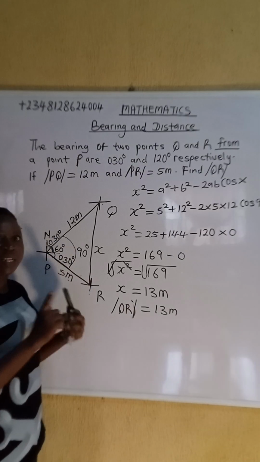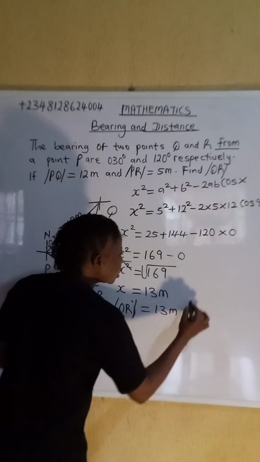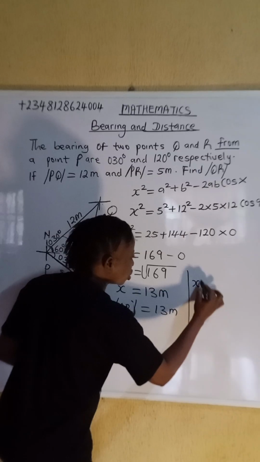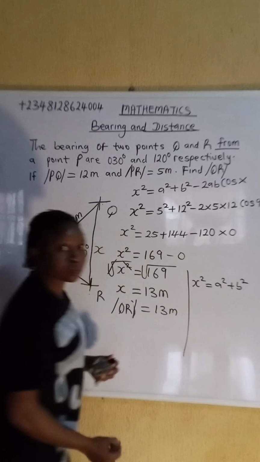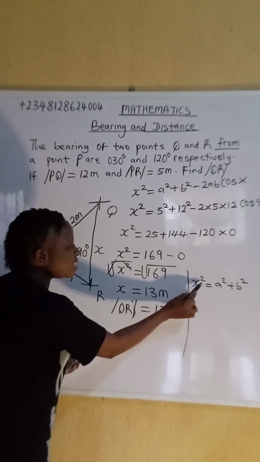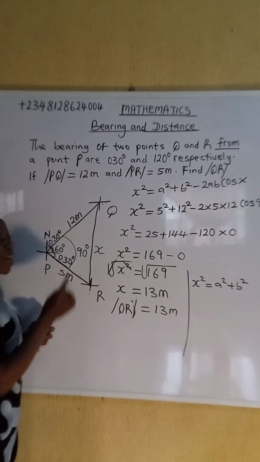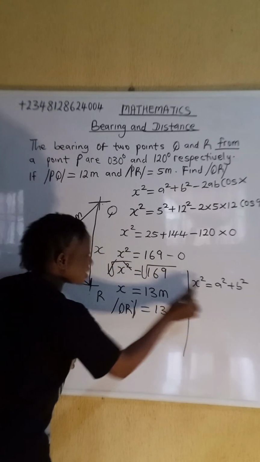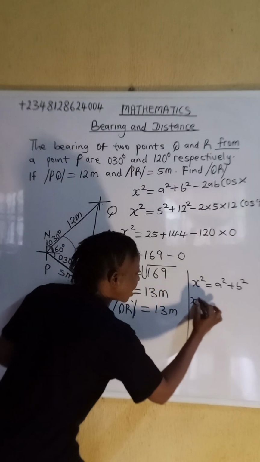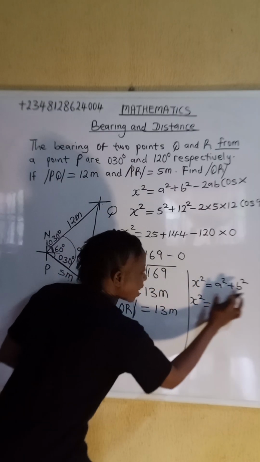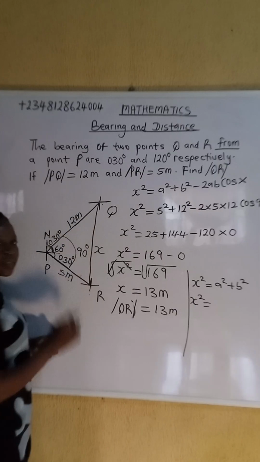Then don't forget that I said that you can also apply Pythagoras theorem because we are having angle 90 degree here. Now, what is Pythagoras theorem? That is x squared equal to a squared plus b squared. So this x squared is the side facing angle 90 degree. So that will be our unknown. That is x squared equal to 5 squared plus 12 squared, where a and b are the two opposite sides.